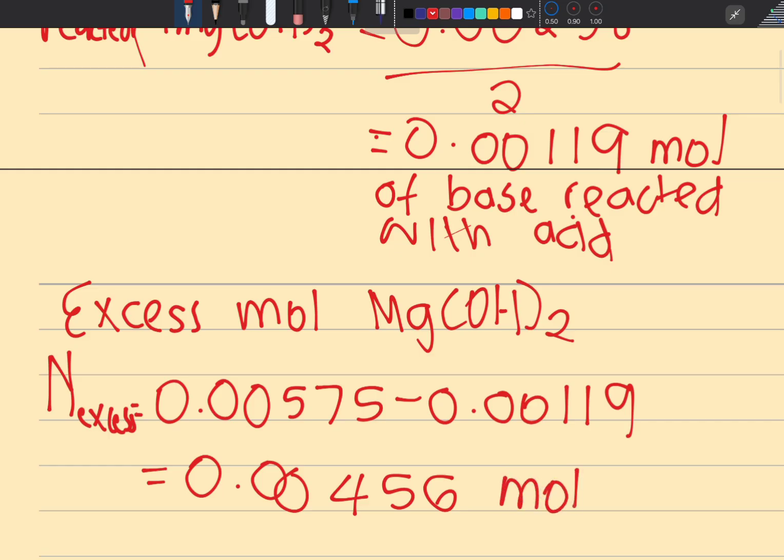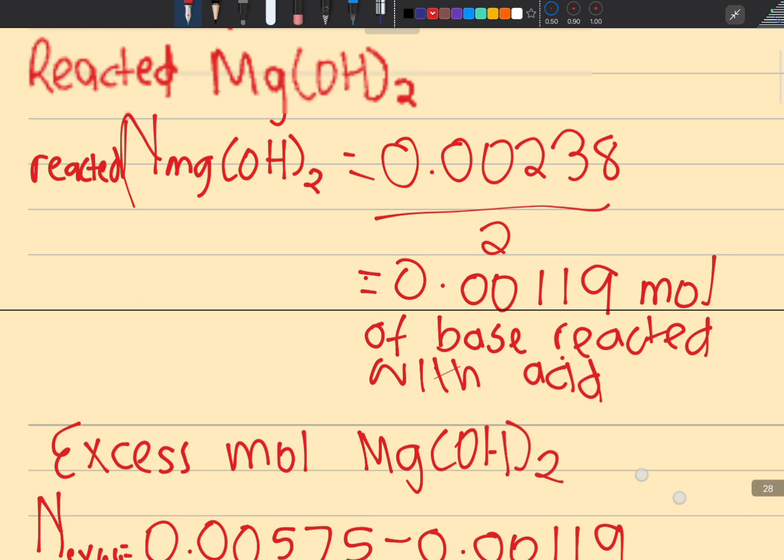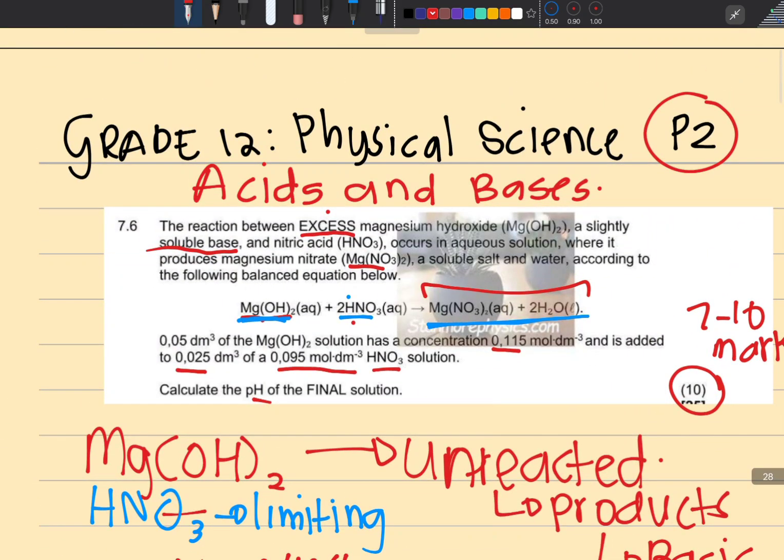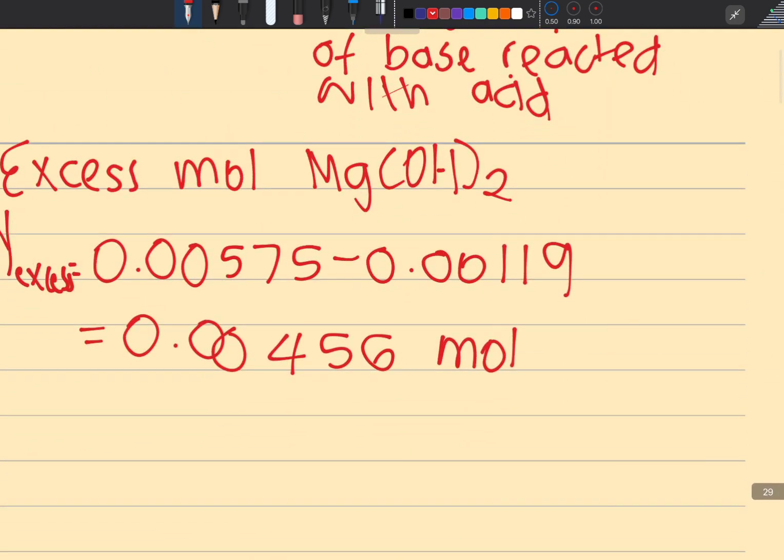So these are the moles of the base that were in excess, meaning when I said that some of the Mg(OH)2 will be found in the products since it is in excess, it refers to this number.